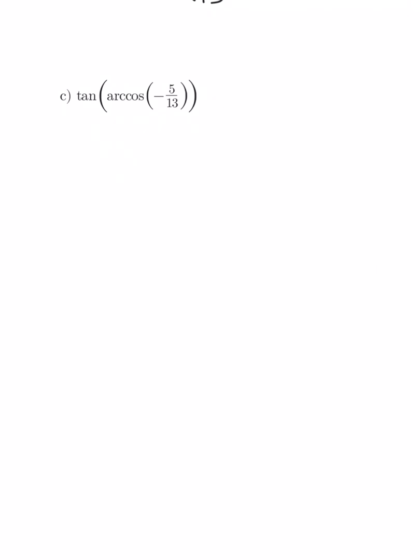On example C, we want to find the tangent of the arc cosine of -5/13. The inside set of parentheses is just for readability so that you can see that it's negative 5 over 13. So we have to think about, this is a cosine function and it's negative. Where is cosine negative?